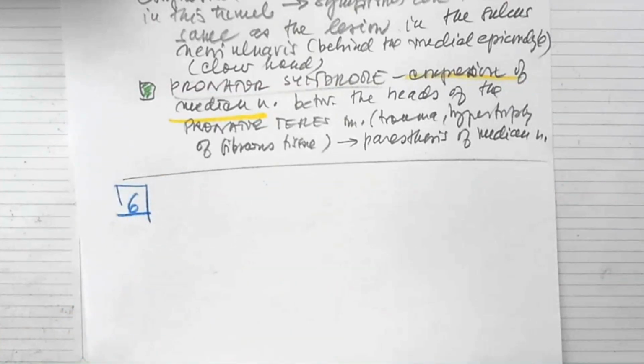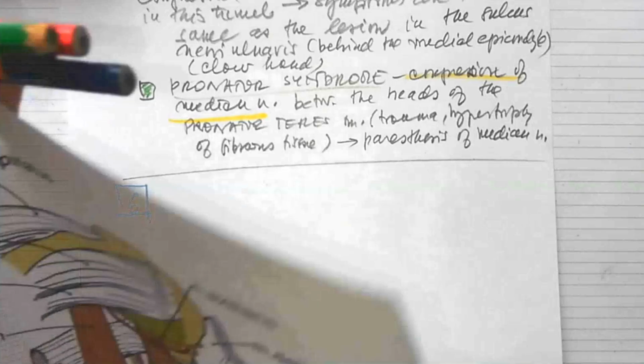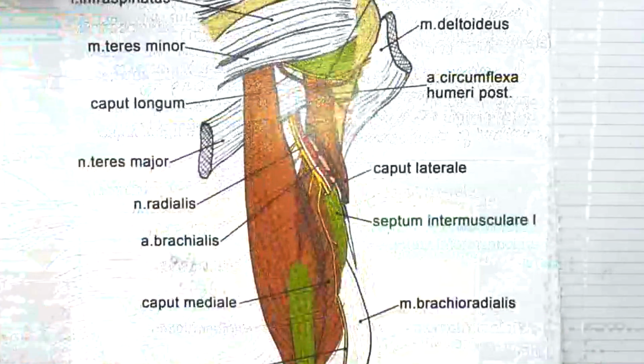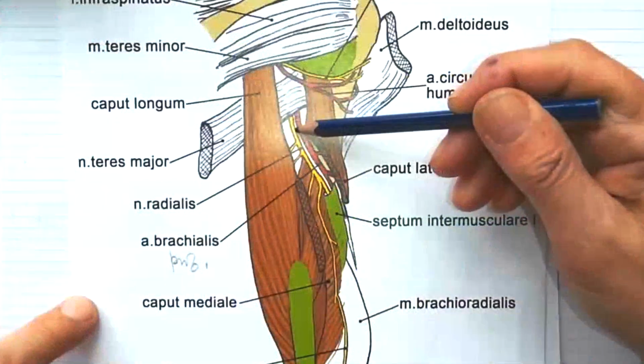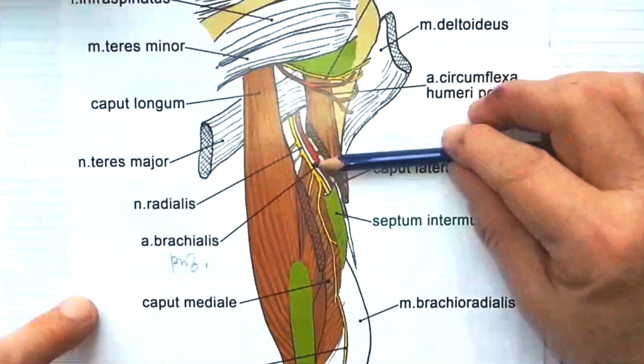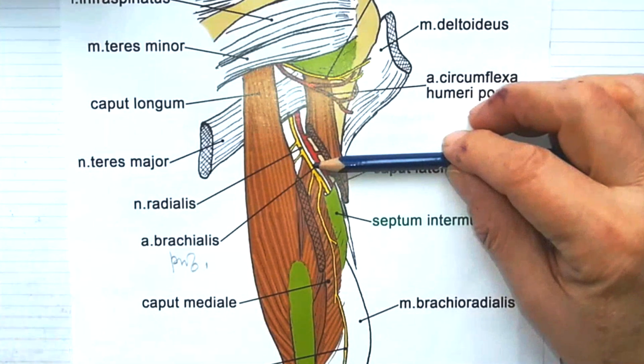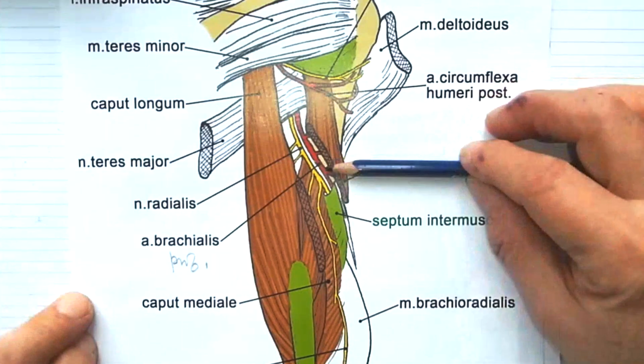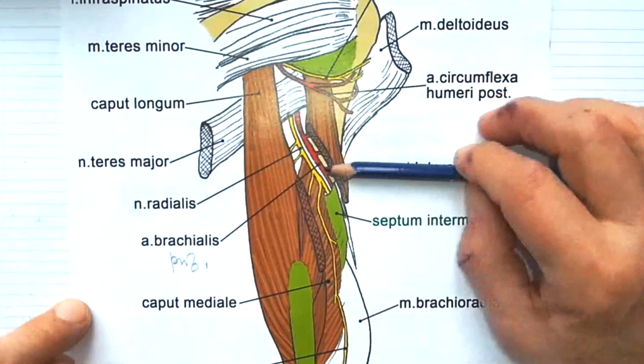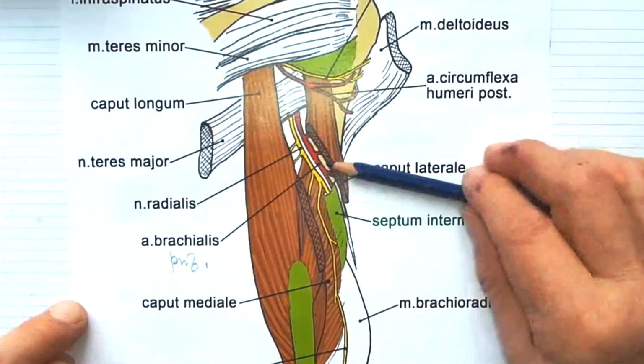Before that, I have to show you some diagrams, because I have to show you where all the important areas are, back to the position of the radial nerve. Here it could be compressed together with the artery, or even destroyed by the compression of the fragments in the situation when the humerus is fractured.